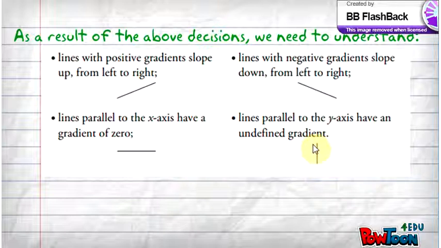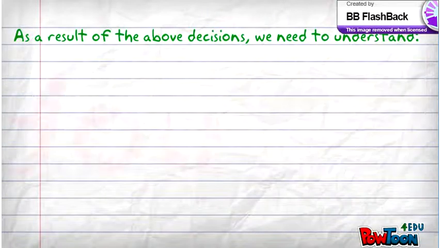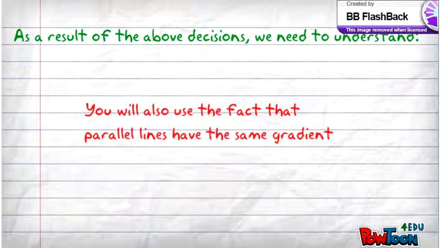So we say lines parallel to the y-axis have an undefined gradient. You will also use the fact that parallel lines have the same gradient.